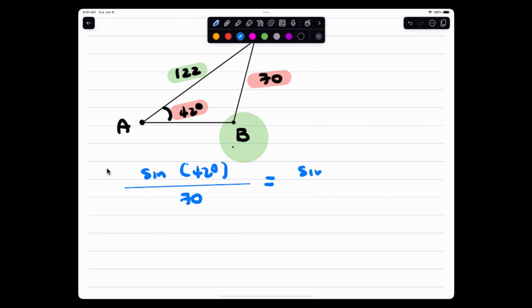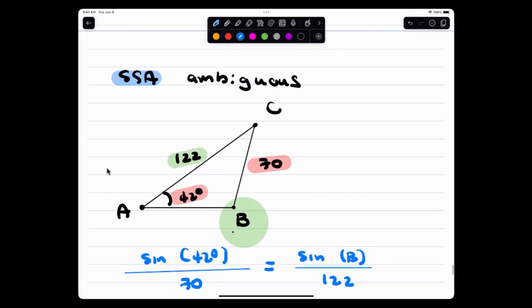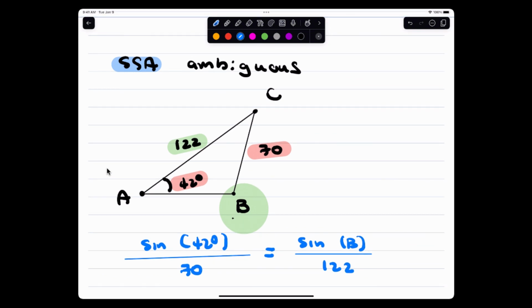So we can say sine little b over 122. Okay, you guys okay with that? That's law of sines, right? Okay, is that true? You guys see it? Should I give you the guys the colors? 42 over 70. B, little b.